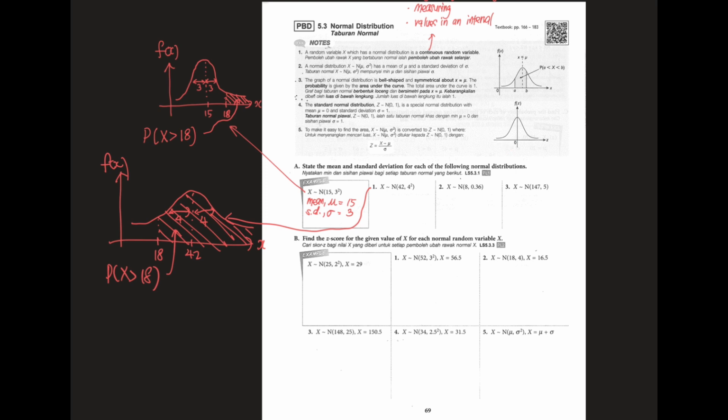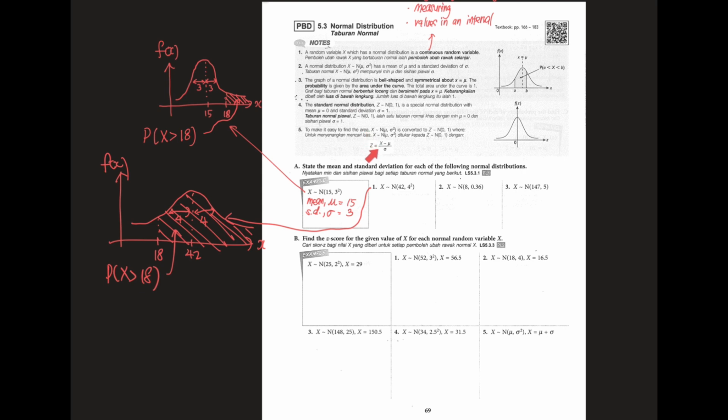The purpose is so that we can find the area under the graph, which represents the probability, easily. So that's why we have to change it to this graph. This graph uses Z and f(Z), so we call it the standard normal distribution.